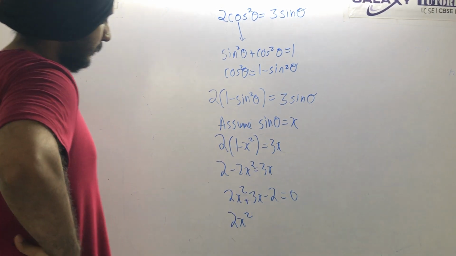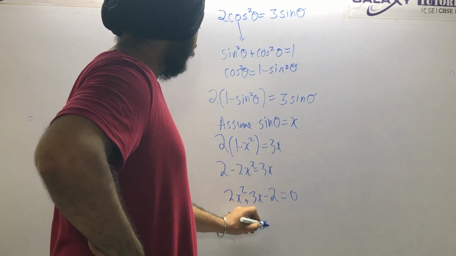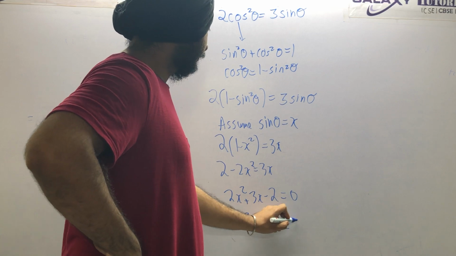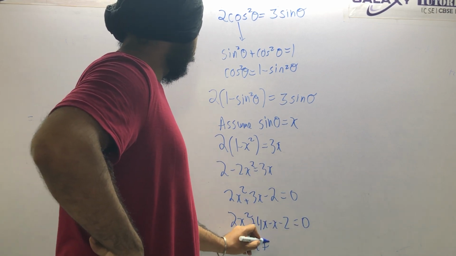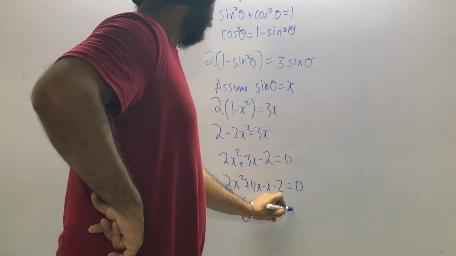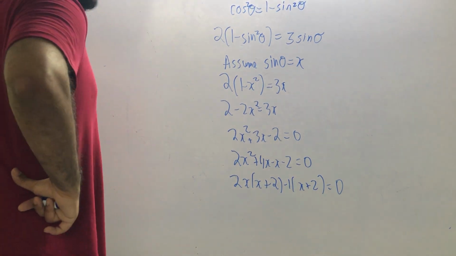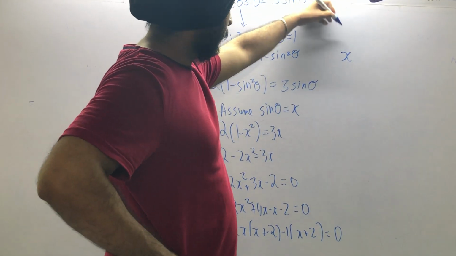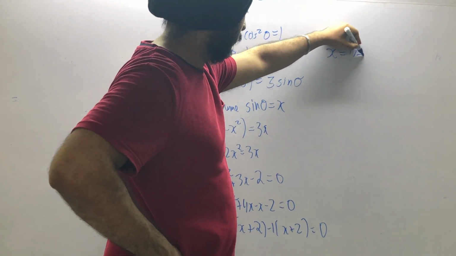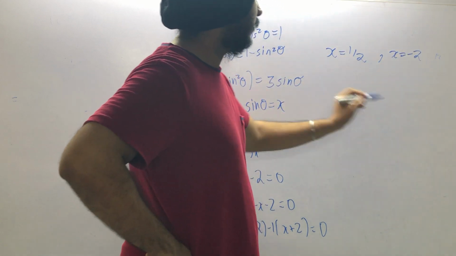So you all know how to solve this type of equation. Simple quadratic equation. Okay, possibilities are x is equal to 1 by 2, x is equal to minus 2. What was x?